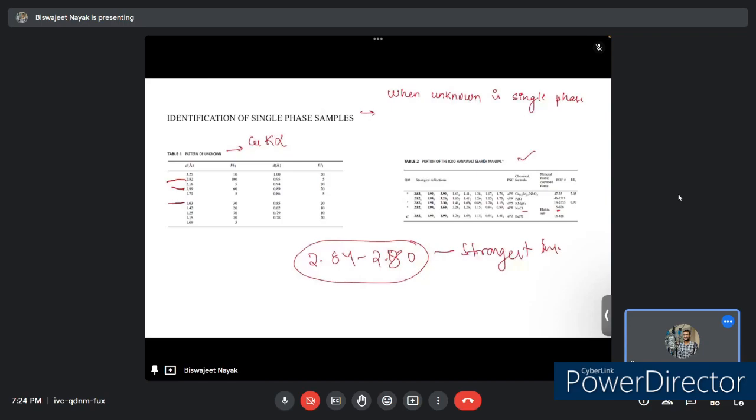A weak line with D equals 2.18, not listed in the file card, is observed, and calculations show that this line is a 220 reflection of copper K beta radiation, and that is not removed by the filter. And another stronger 200 reflection will also produce a K beta line, but this K beta line falls on the 111 K alpha line, and that is why it is not separated.